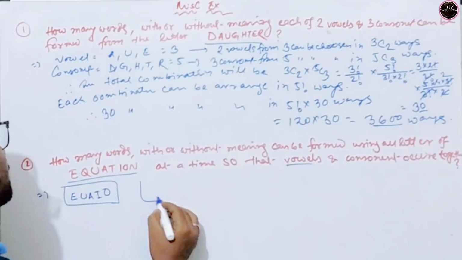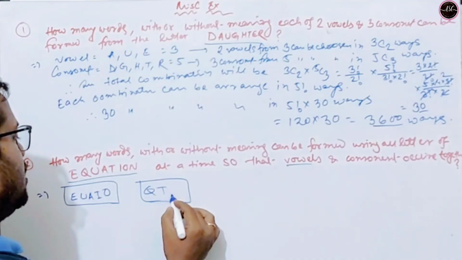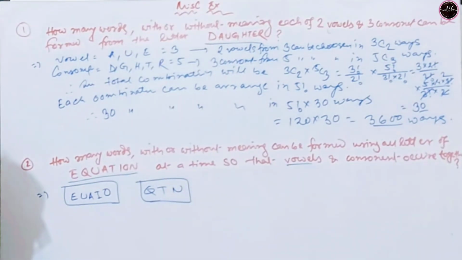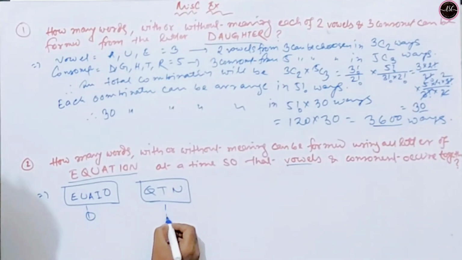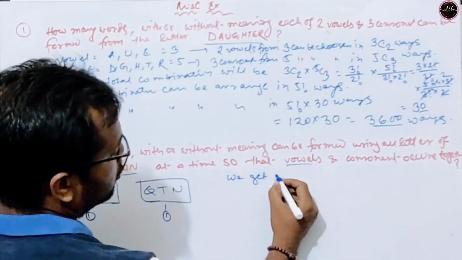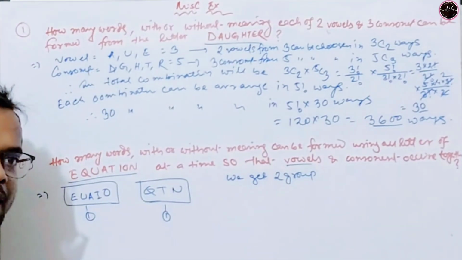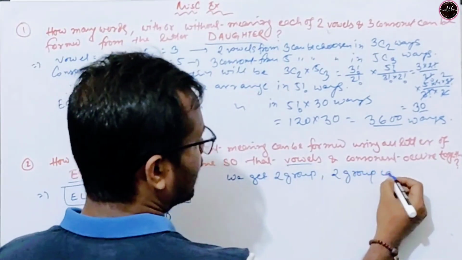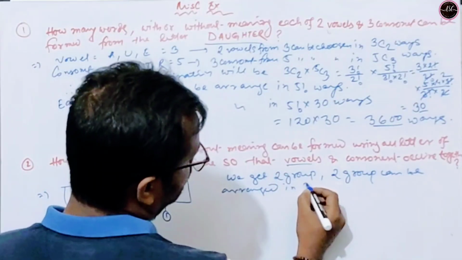And consonants will be Q, T, N. Okay. So just look, here we get one group and here we get one group. So we get two groups. So these two groups can be arranged in 2 factorial ways.